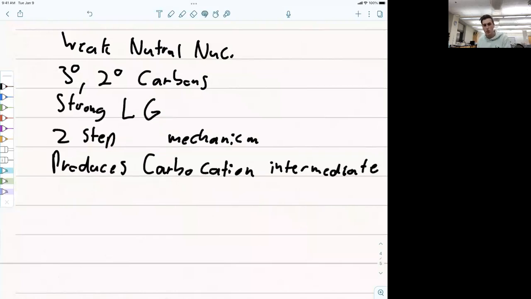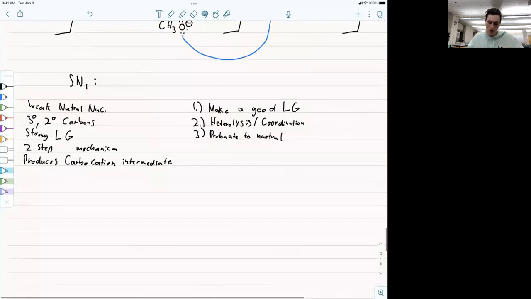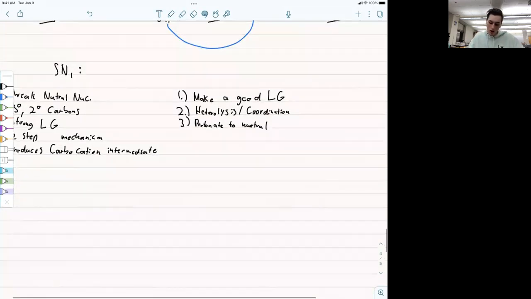So I want that carbocation to be on the most stable carbon that it can be, and the most stable is going to be a tertiary carbon or a secondary carbon. Primary carbons are just too unstable to stabilize a cation charge. So I have to go with tertiary or secondary.